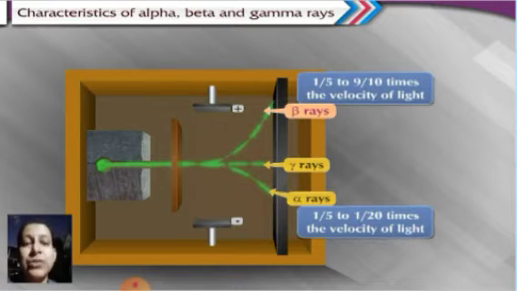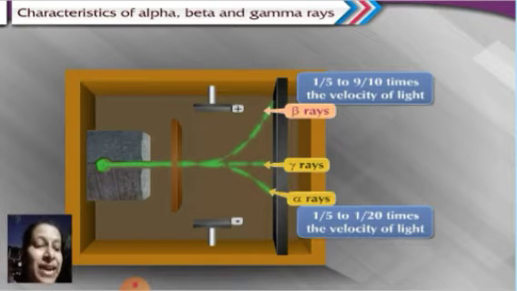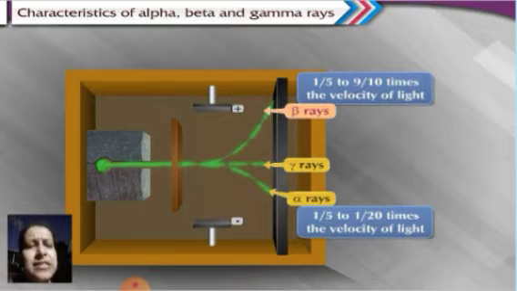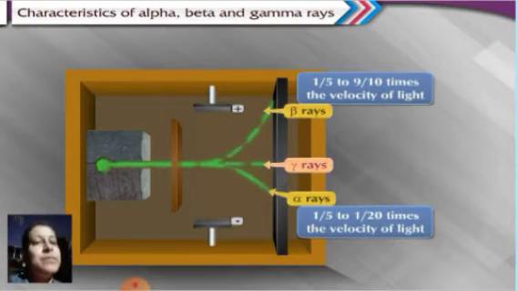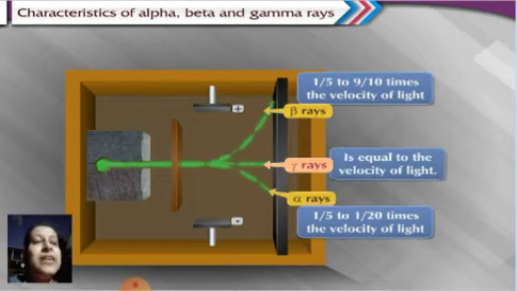From 60,000 kilometers to 2.7 lakh kilometers per second is the speed of the beta rays. That means beta rays are much faster than the alpha rays, whereas the gamma rays are very fast. They are at the speed of around 3 lakh kilometers per second, that means at the same speed as light.